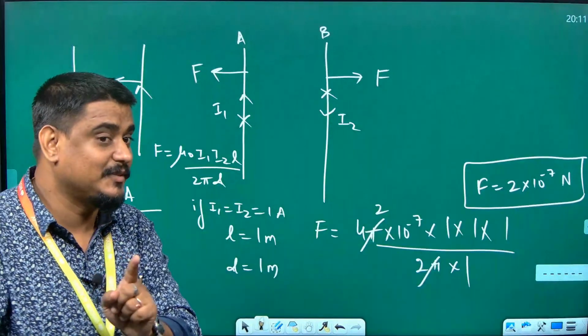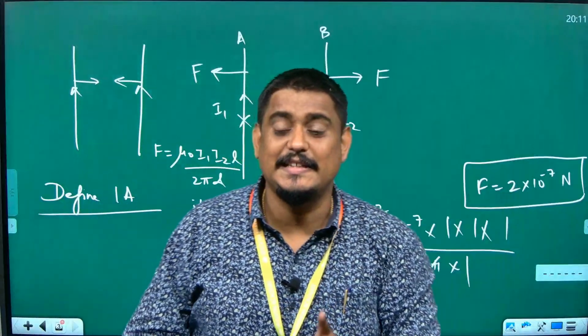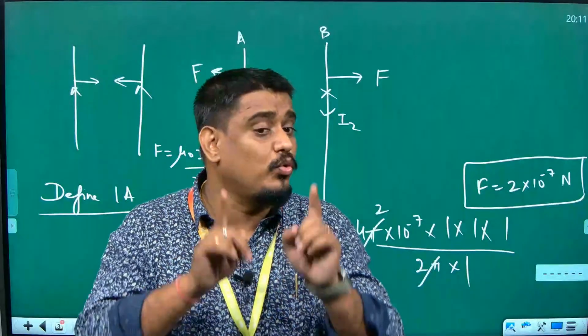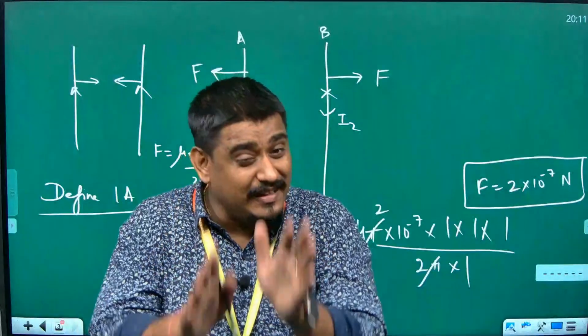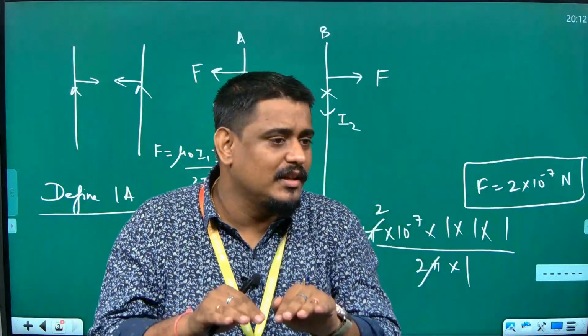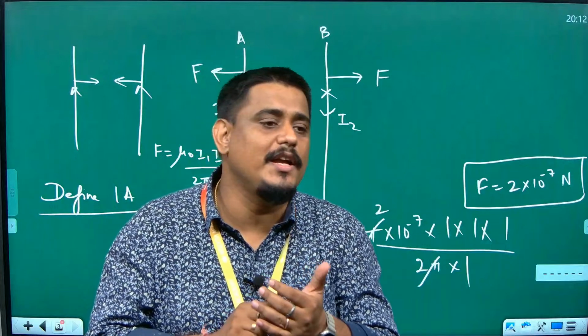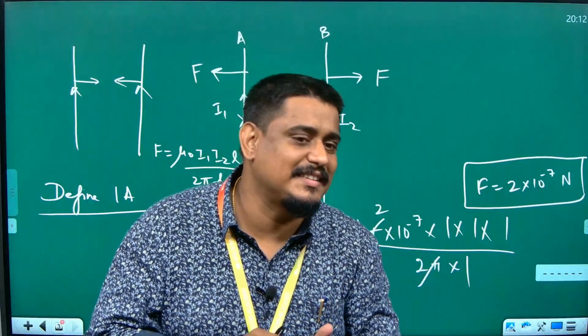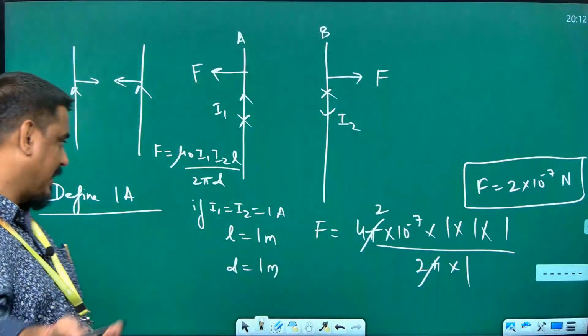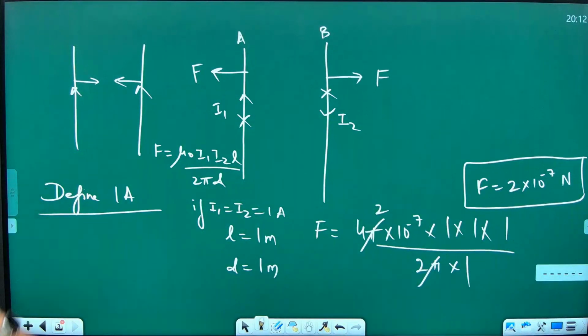I will repeat this. 1 ampere is that current which, when allowed to flow through 2 wires of unit length having unit separation, produces a force of 2 into 10 to the power minus 7 Newton. If it is clear to you, write the definition. I'll say it in words now. First you can copy this, then I will say the definition in words. First you write what I have written on the board, the equations.